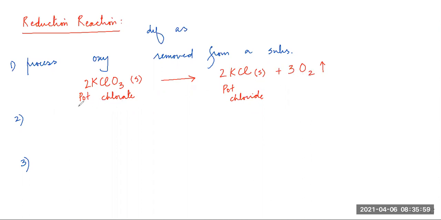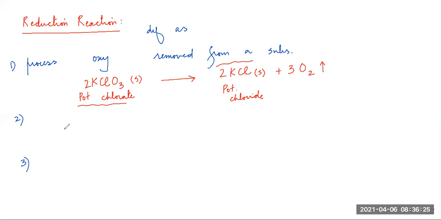So oxygen has been removed from potassium chlorate and it has become potassium chloride. Since oxygen is removed from a substance, and the substance was potassium chlorate, this is essentially a reduction reaction.